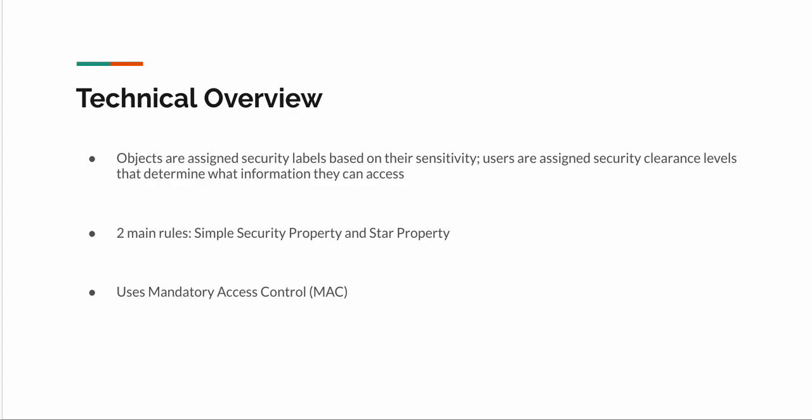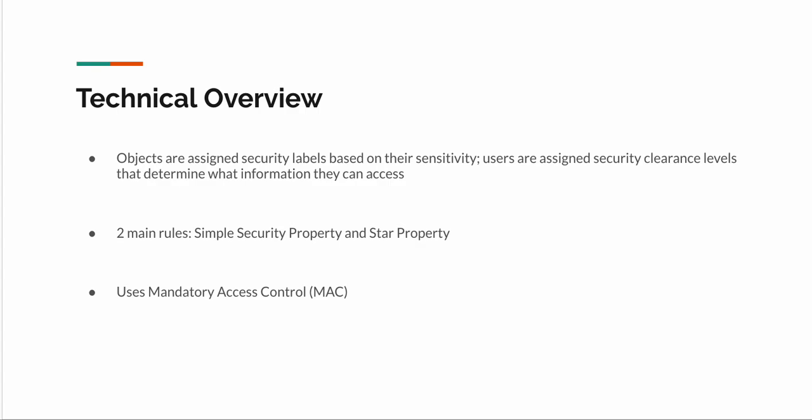And the Bell-LaPadula model really follows two main rules that are pretty important to understand. Those are the simple security property and star property. The first rule about simple security essentially says that you can't read documents if you don't have a high enough classification level.